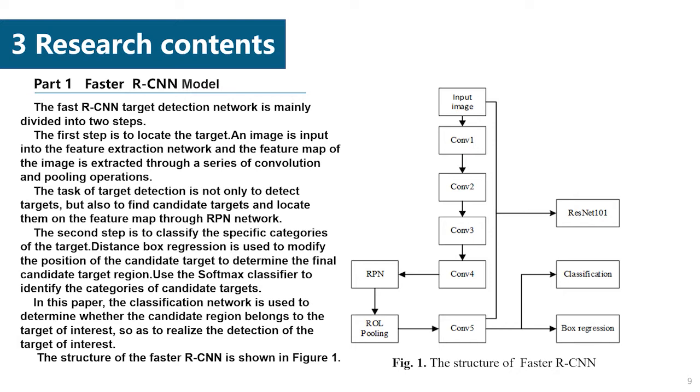Use the softmax classifier to identify the categories of candidate targets in this paper. The classification network is used to determine whether the candidate range belongs to the target of interest, so as to realize the detection of the target of interest. The schedule of the Faster RCNN is shown in Figure 1.